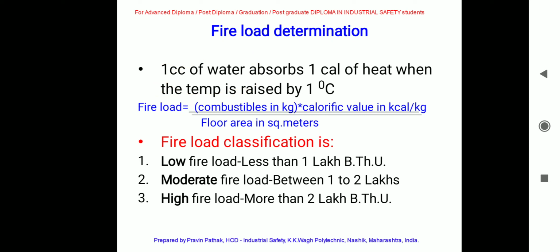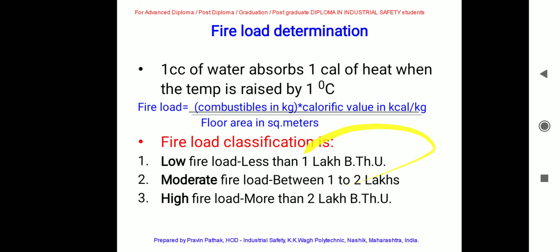This fire load can be classified as low fire load, moderate fire load or high fire load. Low fire load means the calculated value of fire load is less than 1 lakh BTU, then it is called low fire load. BTU means British thermal unit.